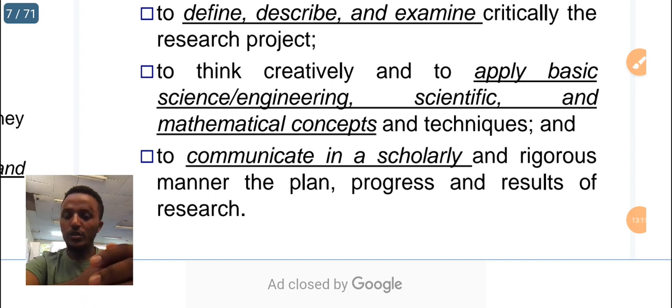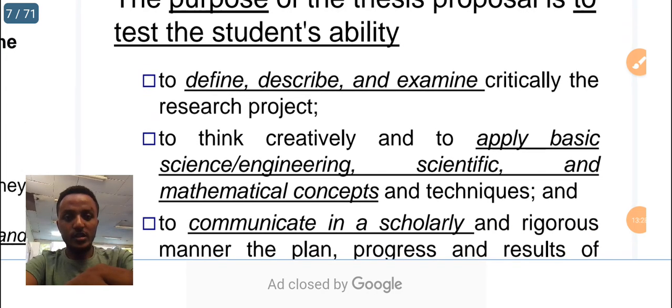So to communicate with those people and be understood in a scientific manner, good research proposals have to be proposed prior to conducting a research paper. So these are the basics about the research proposal.